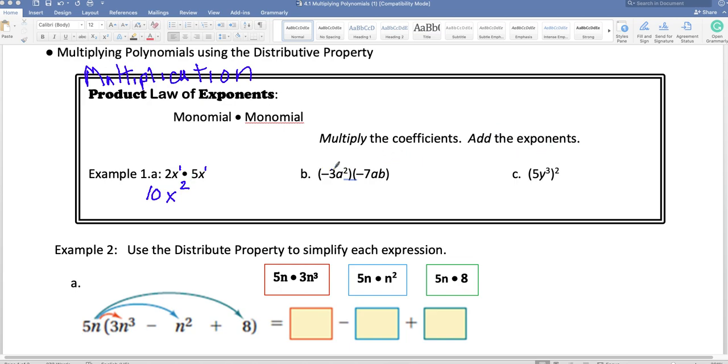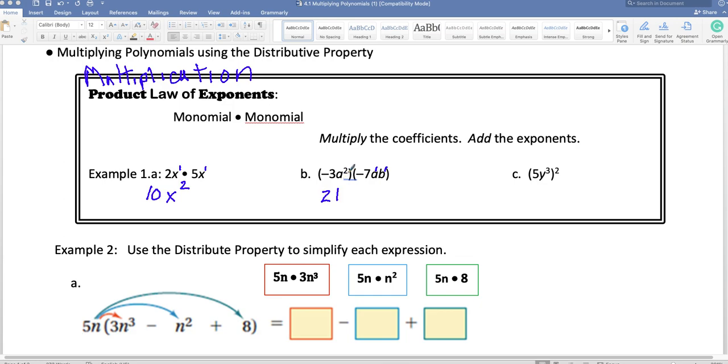Down here I've got negative 3a squared times negative 7ab. Again, everything has an exponent, so these have 1s. I'm going to multiply the negative 3 and the negative 7 because they're coefficients, and a negative times a negative gives me a positive 21.